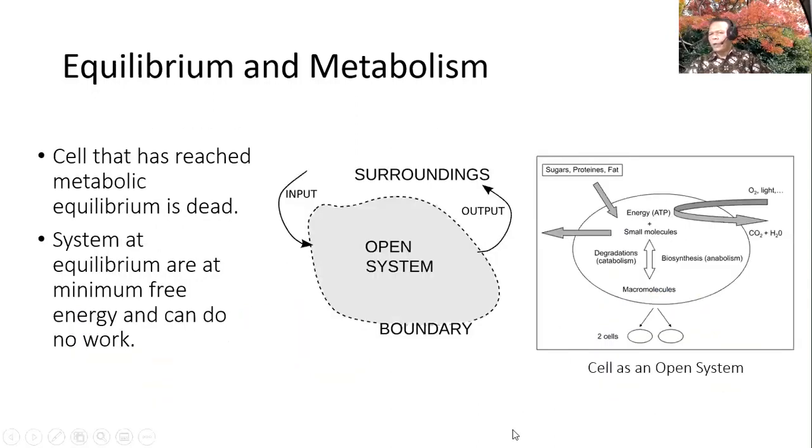Now let's move to this one. A cell that has reached metabolic equilibrium is a system at equilibrium, at minimum free energy, and can do no work. Let's see this one. This is an open system. This is the boundary.